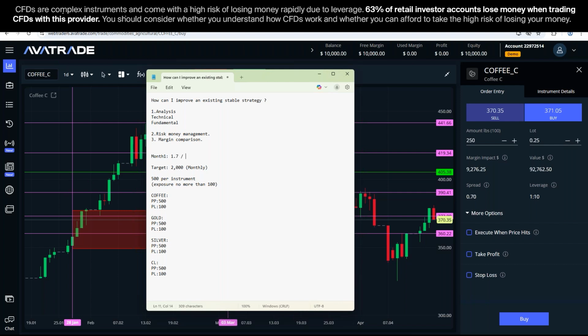Then I have 3, like this. Month 2 and month 3. While I am making this comparison, let's suppose that in here we've reached the goal, and in here let's suppose we'll make it 1.8.